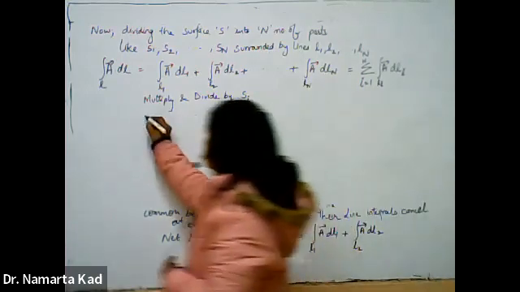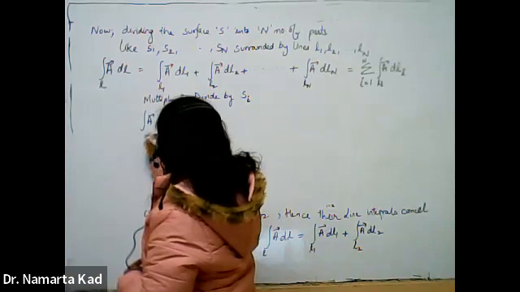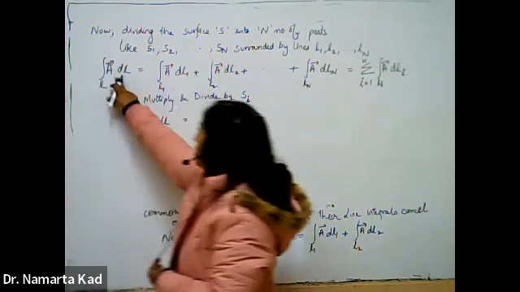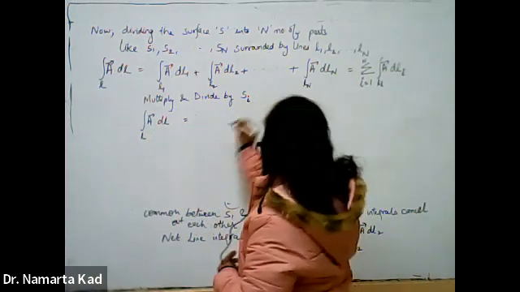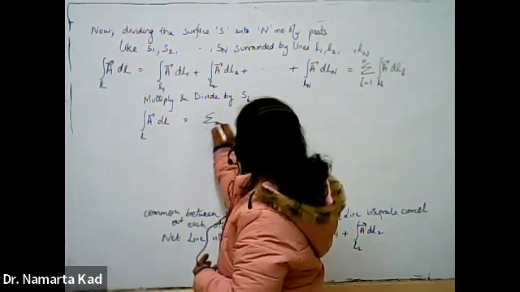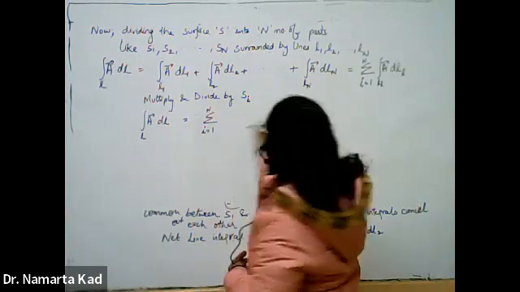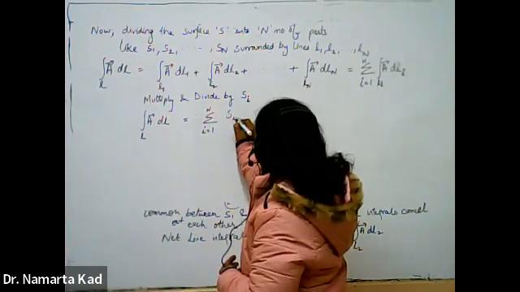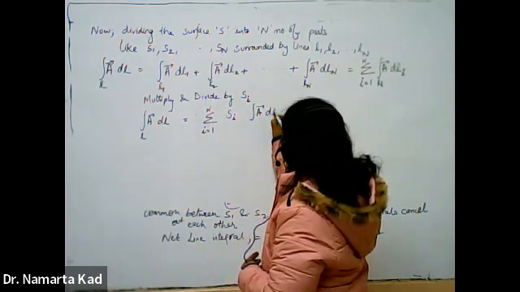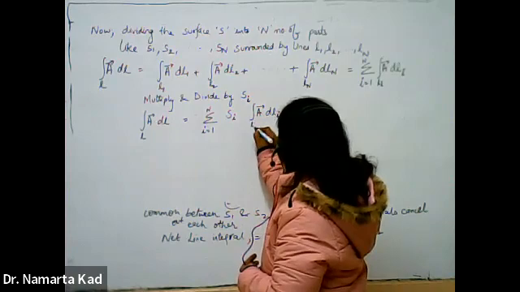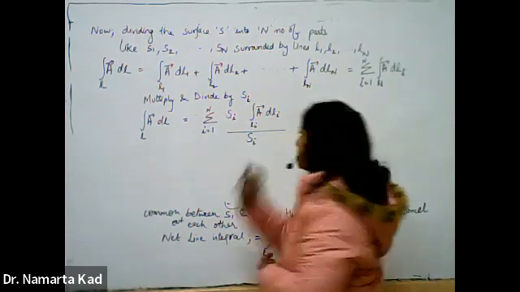So this comes out to be A dot dl, equal to summation of i equals 1 to n of Si times A dli, here it is Li, divided by again Si.